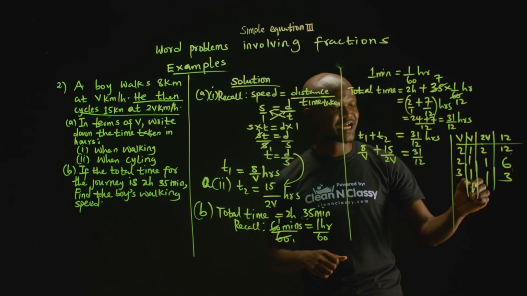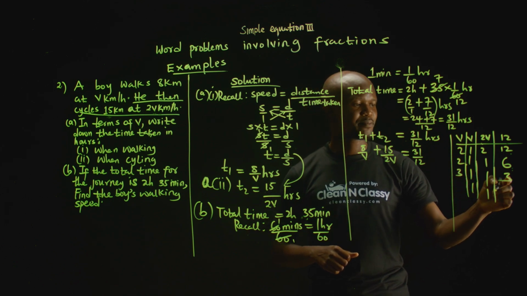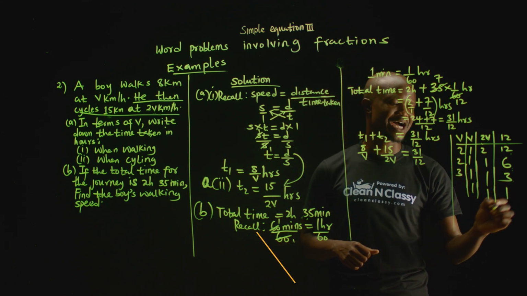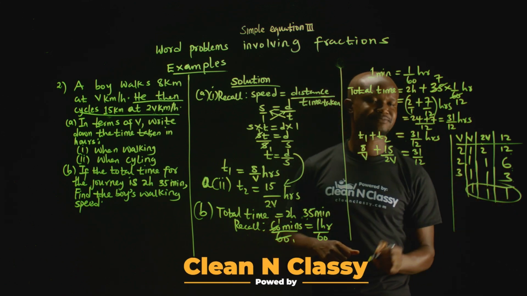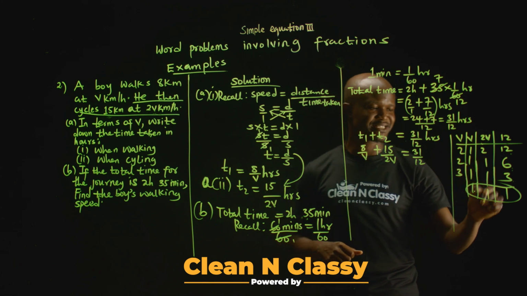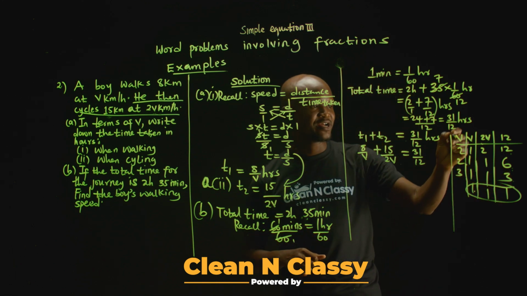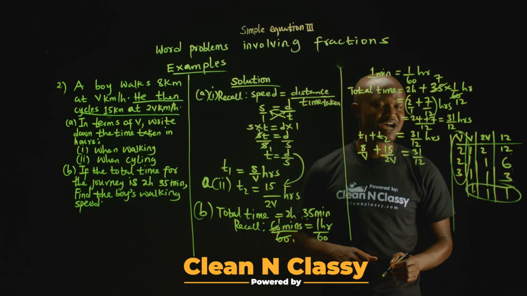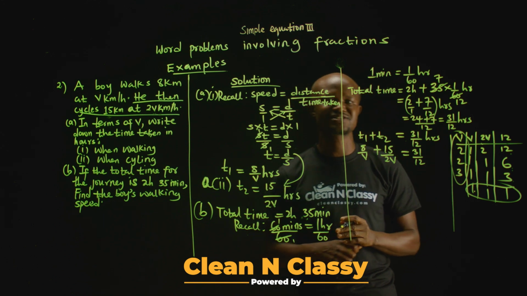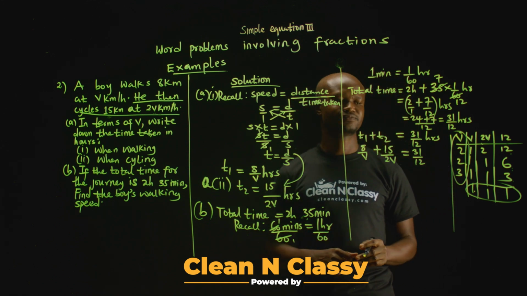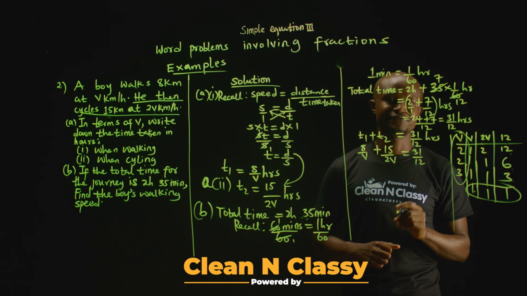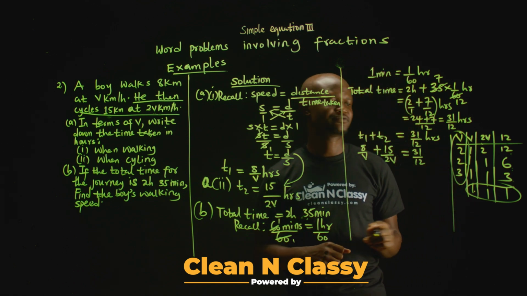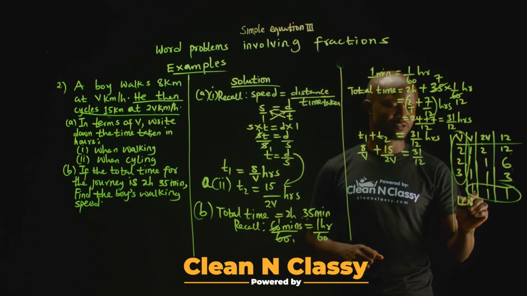Then we still have 1 here. 3 divided by 3, we have 1. Now 1 is here, 1 is here, 1 is here. That is the target. It means that the product of what we have here forms the LCM of 2V, V, and 12.